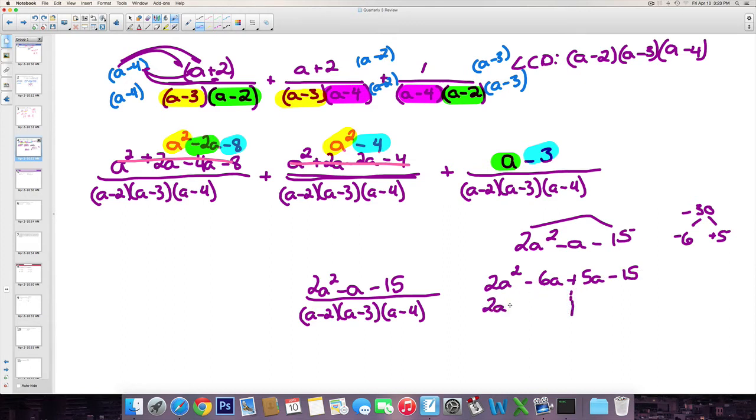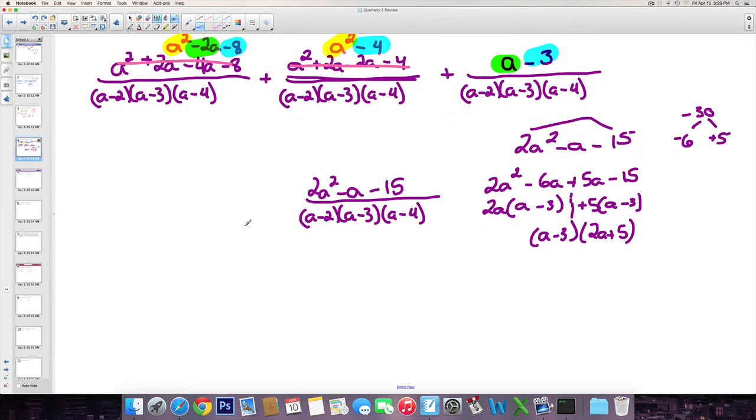And this one, we have 2a, a minus 3. Over here, we can only factor out a 5. We get a minus 3. So what they have in common, we can factor out again, a minus 3 and 2a plus 5. So a minus 3, 2a plus 5, all over our LCD.